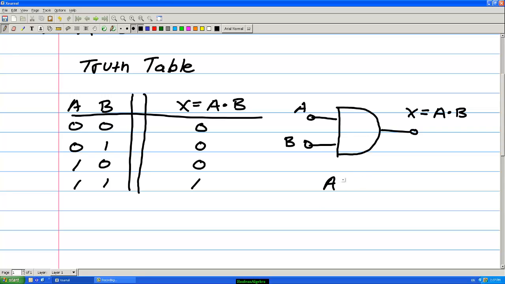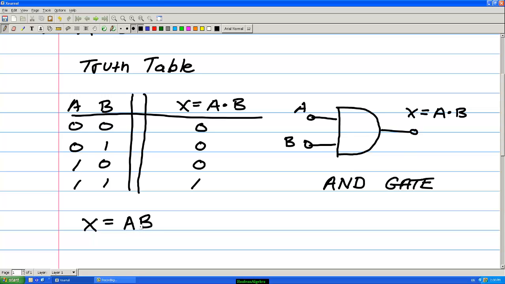And this is the symbol for the AND gate. One last thing, just like ordinary multiplication, with AND multiplication, you don't have to include the dot. It's understood, and you can just leave it out. But it's understood that this is multiplication.